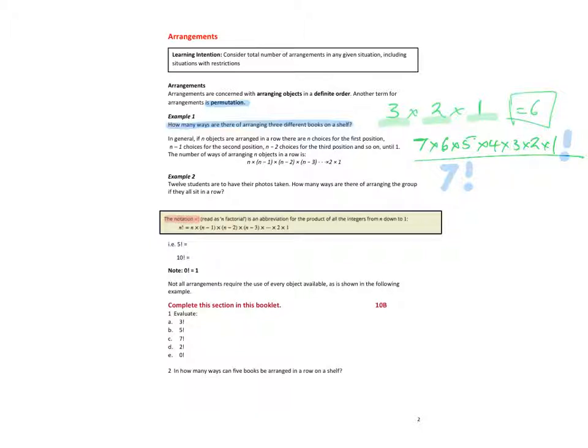Now, tech-free, it's probably reasonable for us to know up to 5 factorial. If we work a little bit backwards, 1 factorial is equal to 1, 2 factorial is 2 by 1, which is 2, 3 factorial is 3 by 2 by 1, which is 6, and 4 factorial is 4 by 3 by 2 by 1, which is 4 sixes, 24. 5 factorial is just 5 times whatever 4 factorial was, which is 5 24s, which is 120.